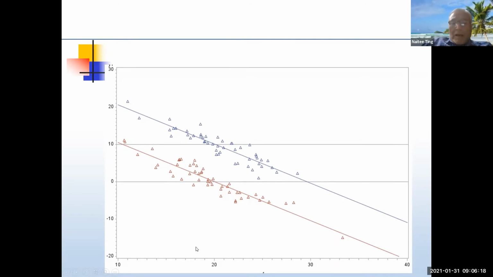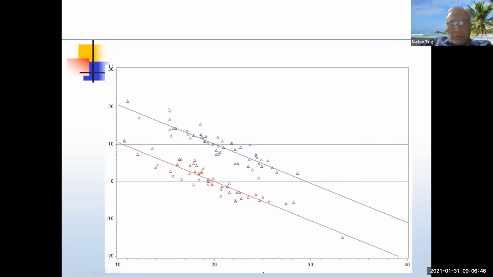Suppose I do not have x as a covariate, so I go back to the original model without baseline as a covariate. Then I will not have this dimension, I will not have the x-axis, so all these data points are going to fall on the y-axis.